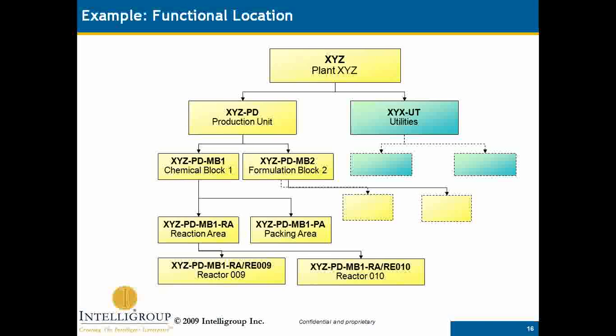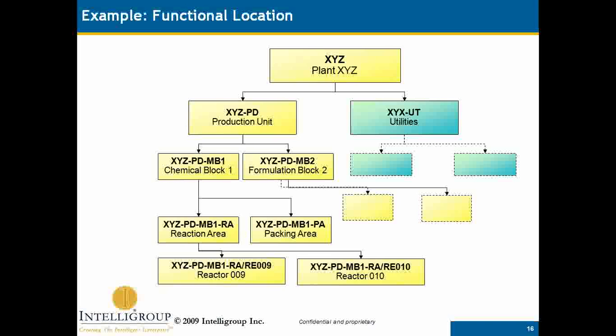You can see that the first level, the plant, is 3 characters: XYZ. The second level is XYZ hyphen PD, which is called the production unit. The third level is XYZ hyphen PD hyphen MB1, which is a chemical block.